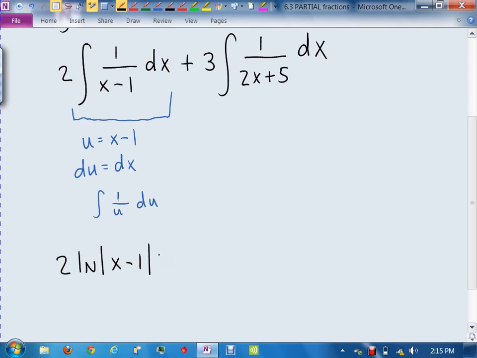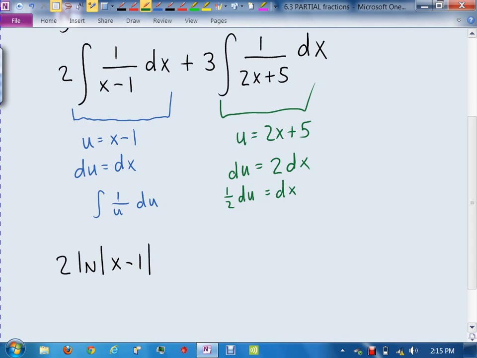Now the other one, when I do the substitution over here, u is equal to 2x plus 5. Du is what? 2 dx. So I'm off by 2, right? So I'm going to have to do 1/2 on each side. So it'll be 1/2 du equals dx.